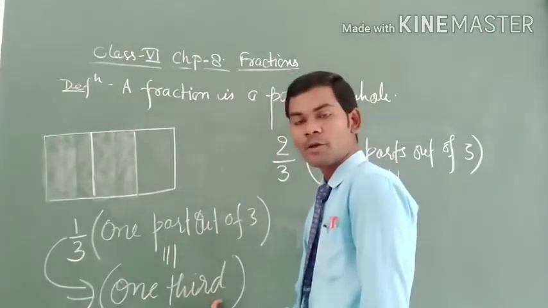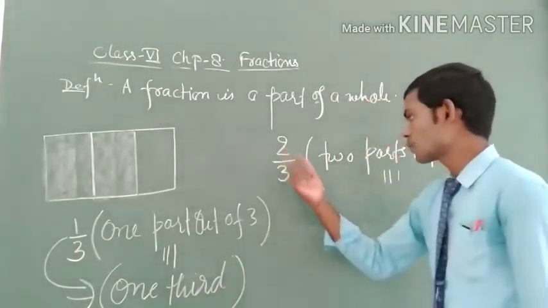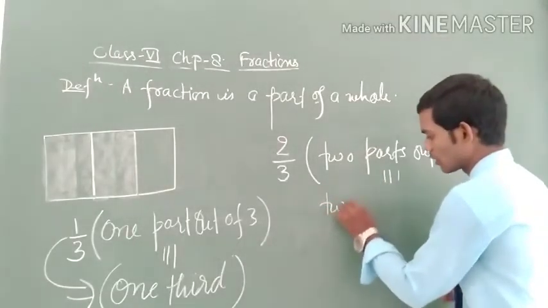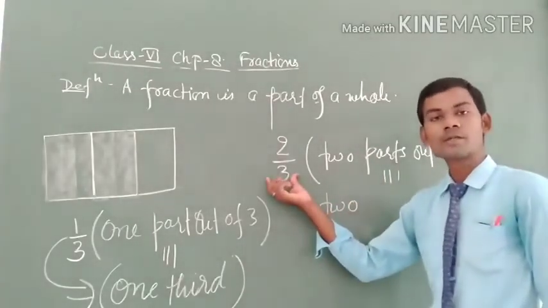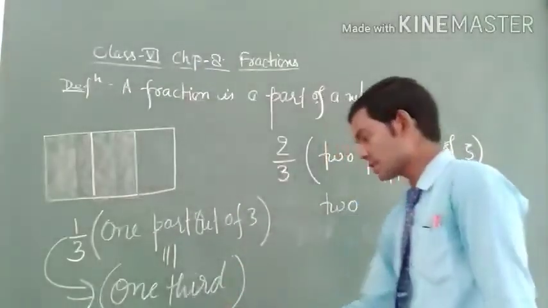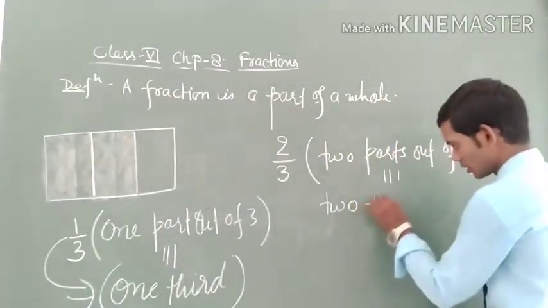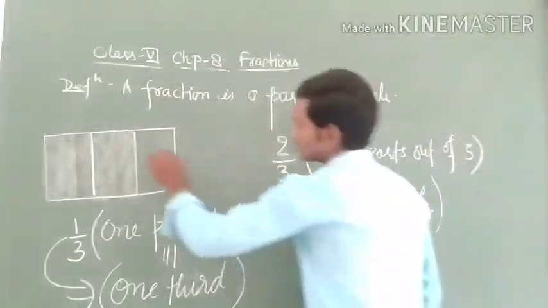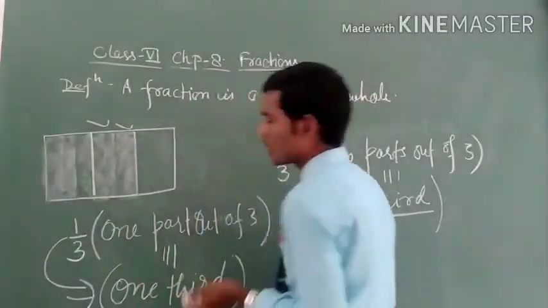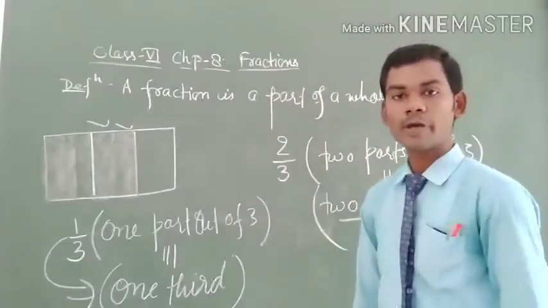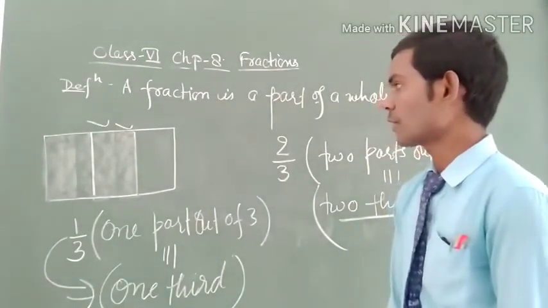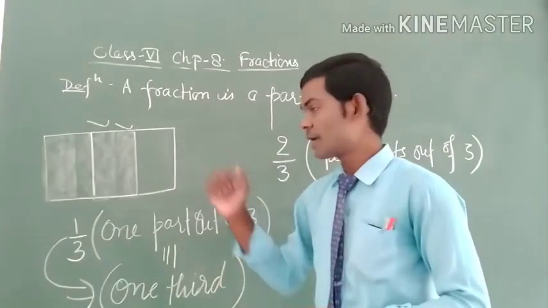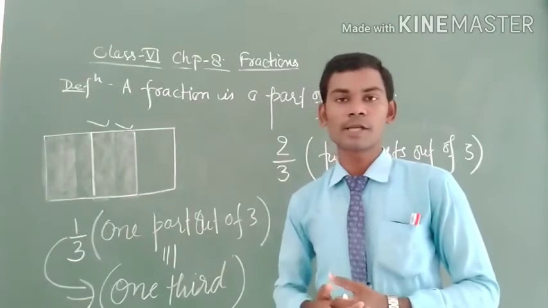In a similar way, for 2 by 3, first we write 2, and the denominator is 3, so we write third, two thirds. So the figure represents that 2/3 part has been shaded. How much part? Your answer will be 2/3 part has been shaded in the figure. I hope it is clear.